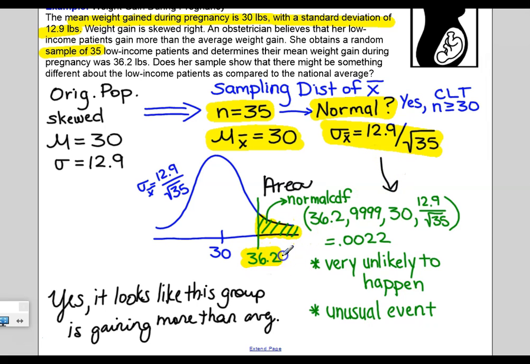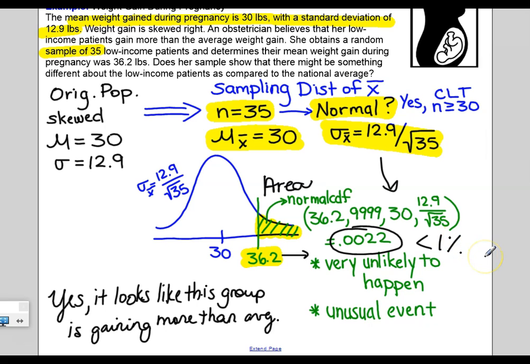And then, of course, we're going from 36.2 up to infinity. And this tells us the probability of getting a sample of 35 that had a sample mean of 36.2 or more. And so this is very, very unlikely to happen, right? This is something that would happen less than 1% of the time.